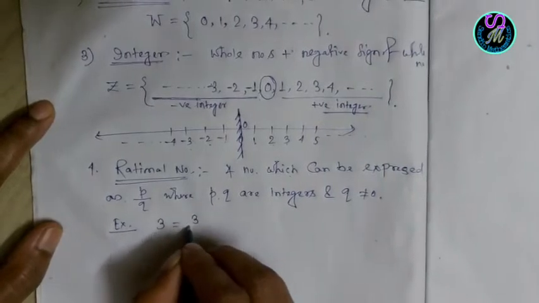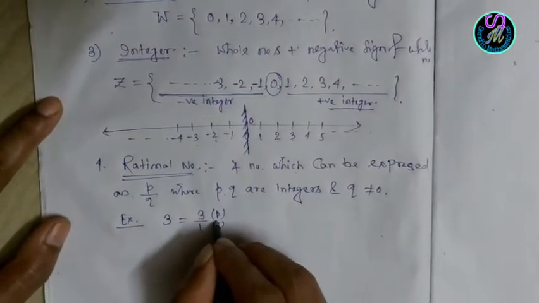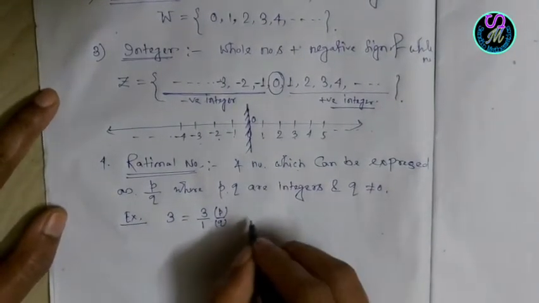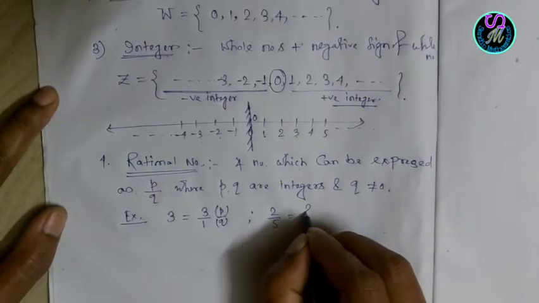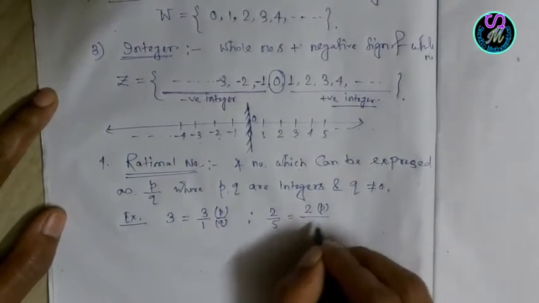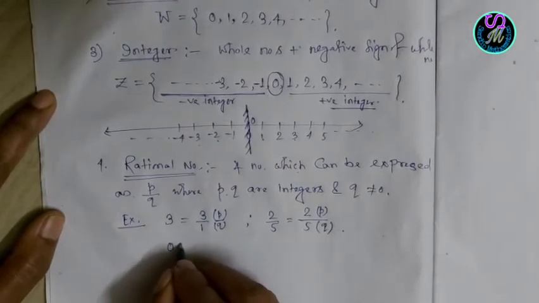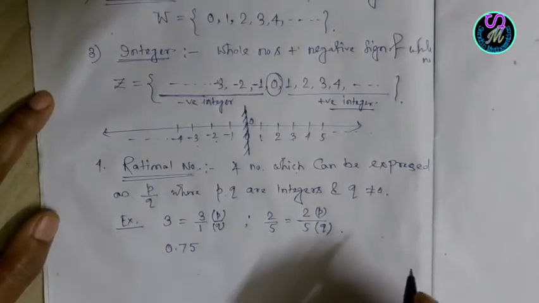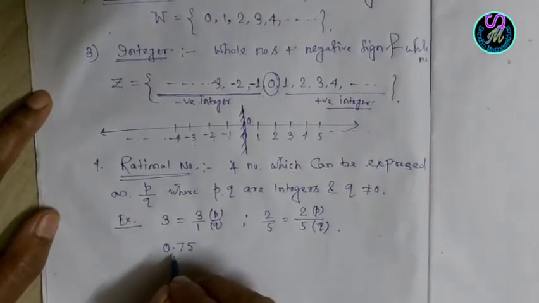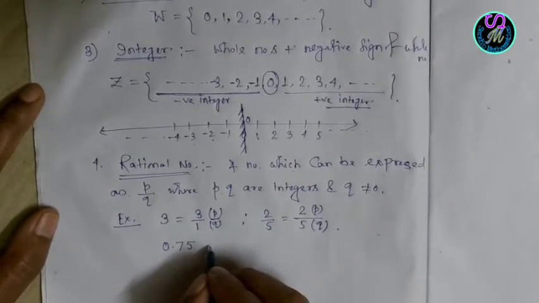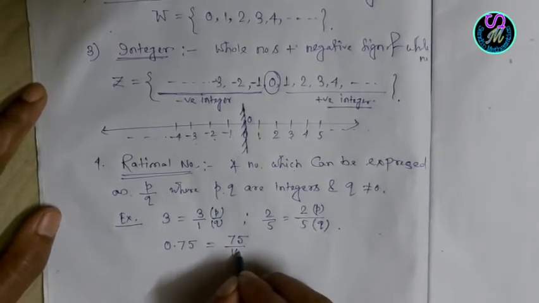Suppose any number, for example 3 means 3/1. So this one is the P and this one is the Q. Now if you consider the number 2/5, then 2 is the P and 5 is the Q. If you consider 0.75, is this a rational number or not? 0.75 is also a rational number, because 0.75 can be written as 75/100.